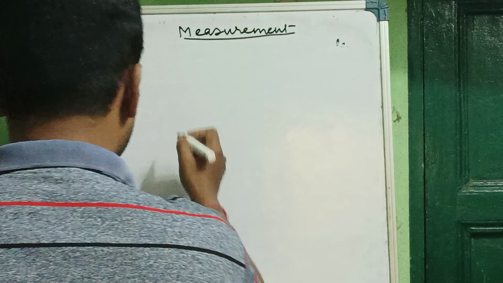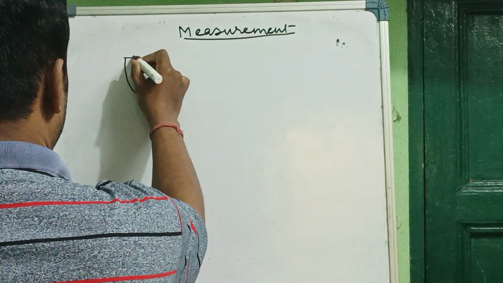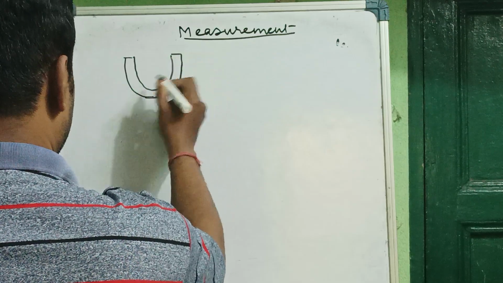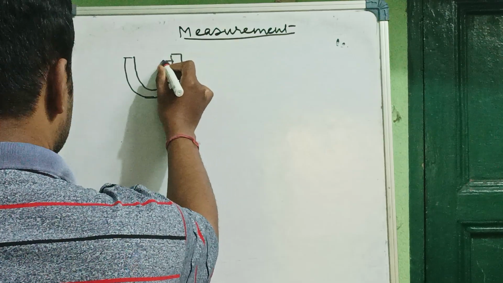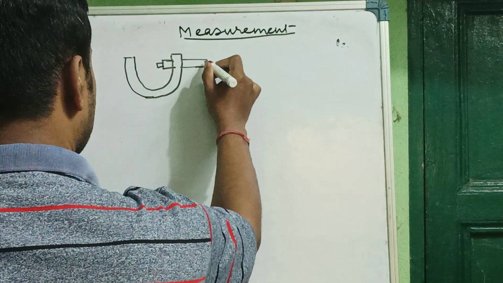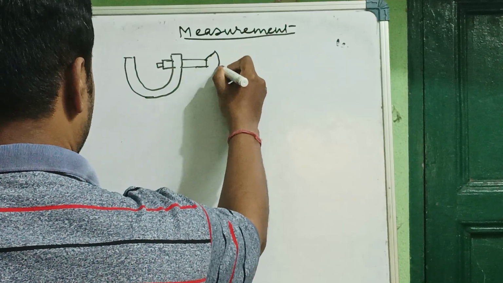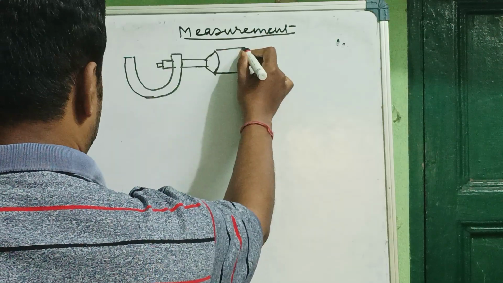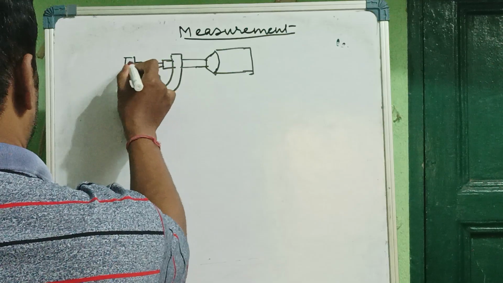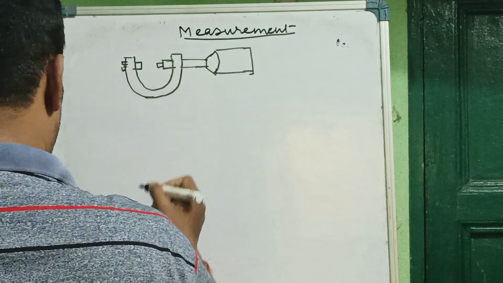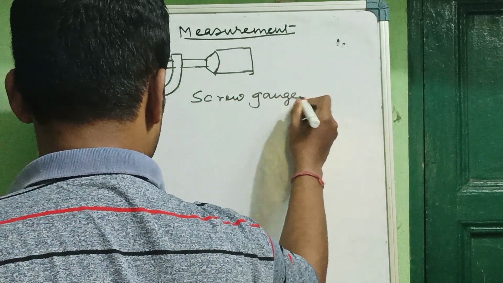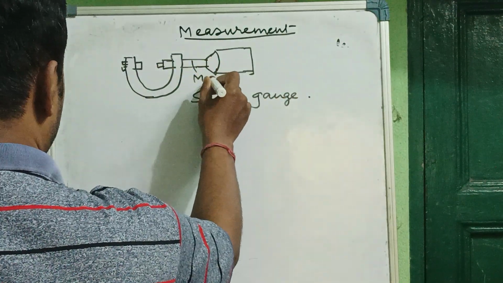The screw gauge drawing is like this, a simplified drawing. This is the screw gauge, and this is the main scale of the screw gauge.